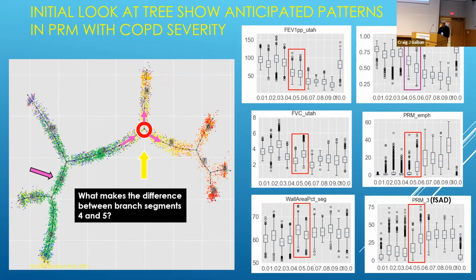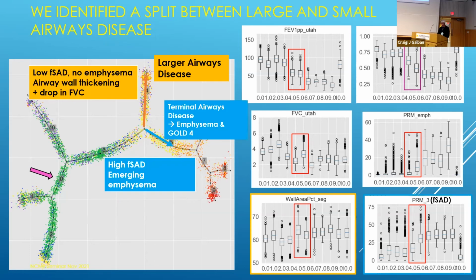So what we're thinking we're seeing here is that if we follow segment 4 through this orange arrow, we're looking at more large airway dysfunction, so more bronchitis-related COPD, whereas if we move down blue, this is more bronchiolitis, which is the precursor to small airways disease. That's what this initial investigation is suggesting.